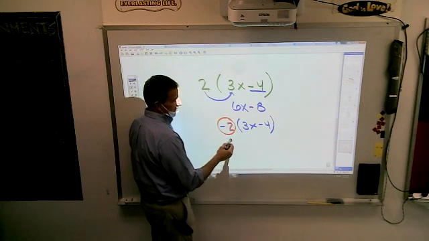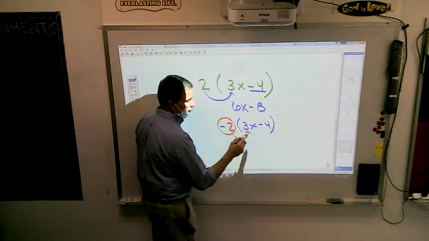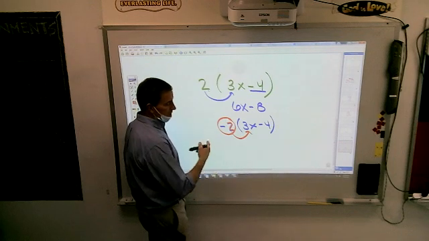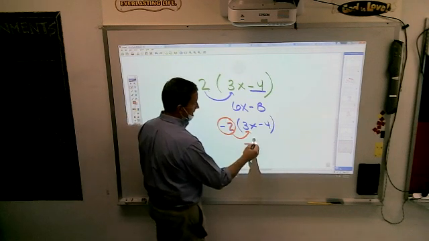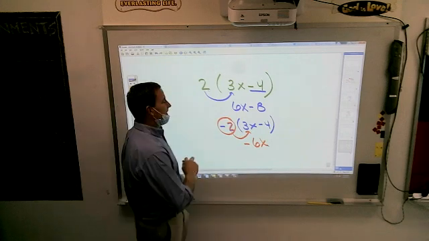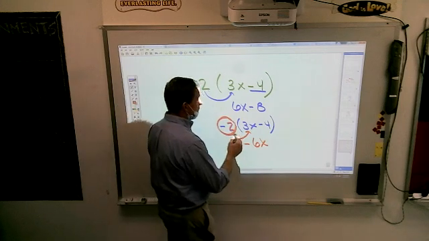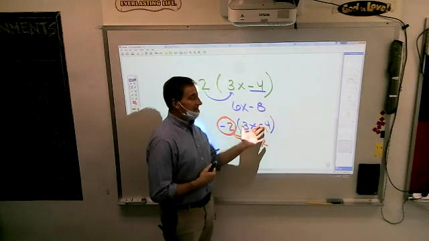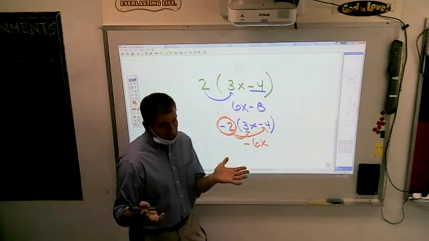So when I do this, it now becomes a negative 2 times 3x, which is, one of them's negative, so my whole thing is negative. I get negative 6x. And then I take a negative 2 times a negative 4. And again, don't tell me that that's a subtraction sign. I will tell you it's the same thing.